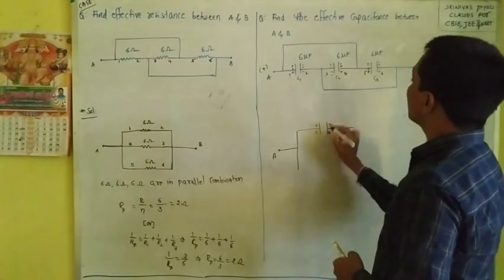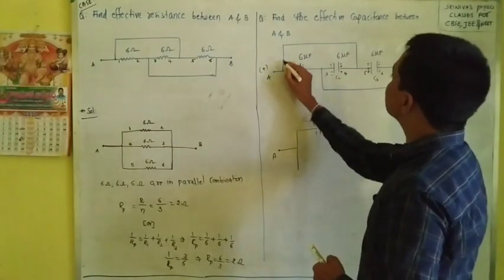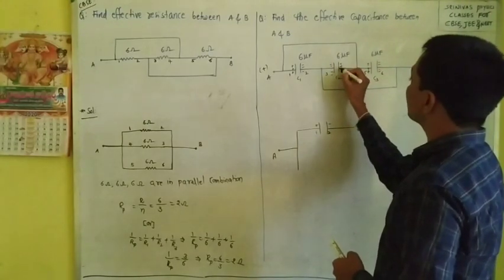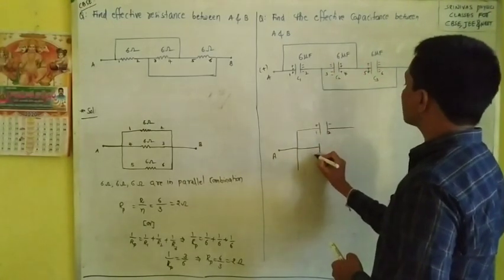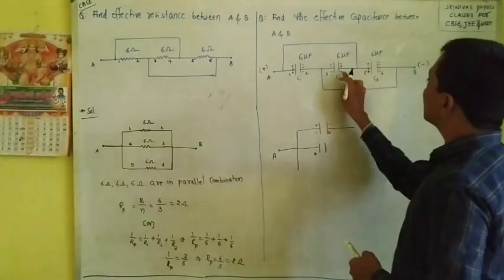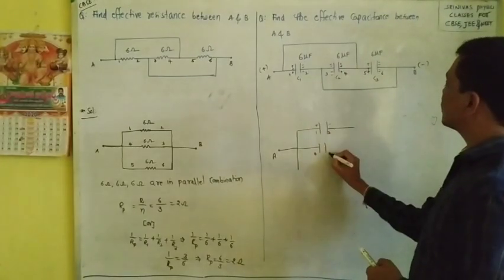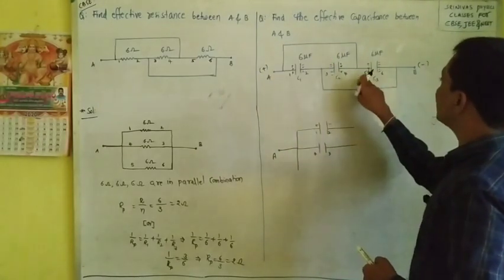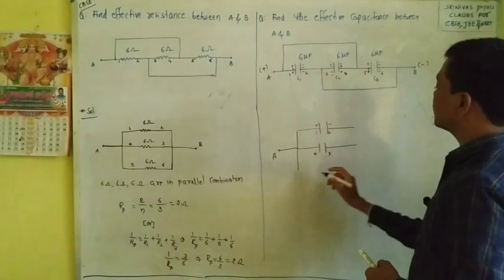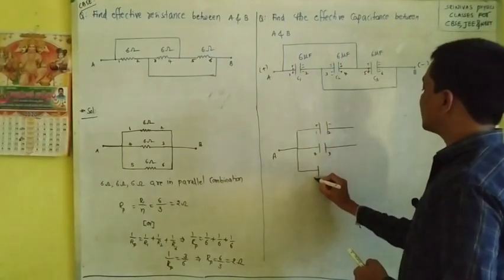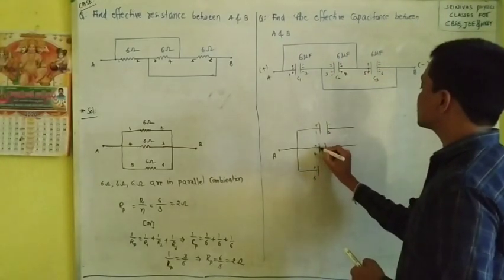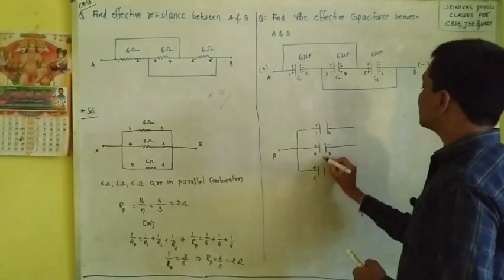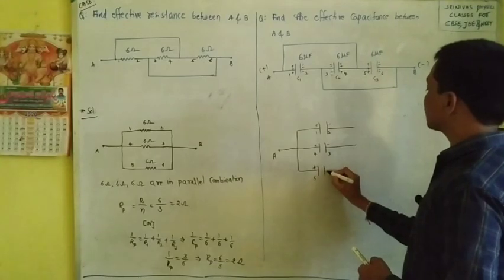And the next, A is also connected to the fourth plate of a capacitor. This is 4, and 4 is combined with the 3, one capacitor. A is also connected to the 5 through the wire, and this is 5, plus and minus. This 5 and 6 gives one capacitor.